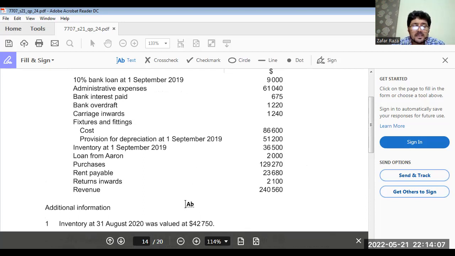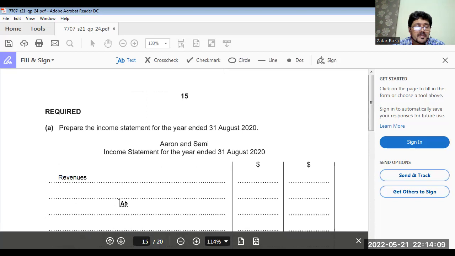Okay, return inwards are given 2,100. In the first column we report revenue, because for return inwards we have to deduct return inwards.